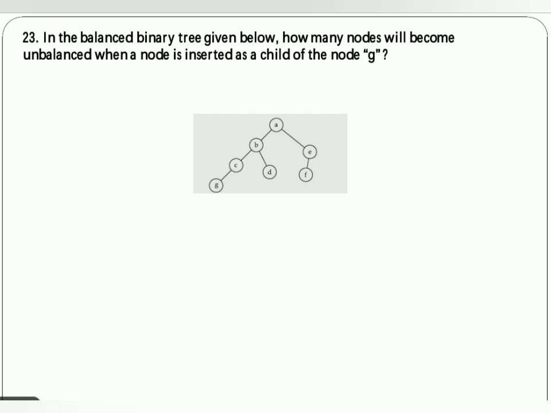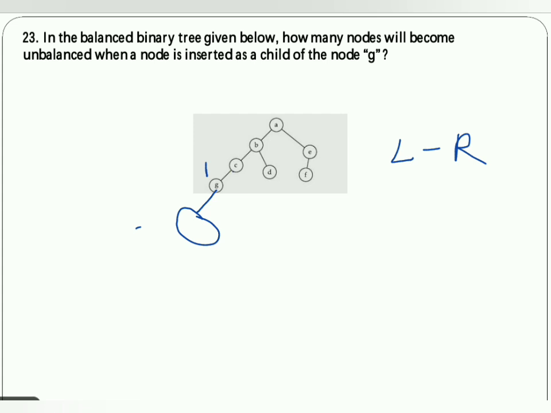So in the given tree, we have to insert the child of the node G here. Now let us calculate the balancing factor of each node. The balancing factor of G is 1. That is the left hand side minus the right hand side, right?